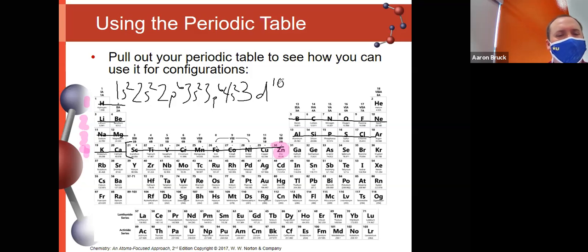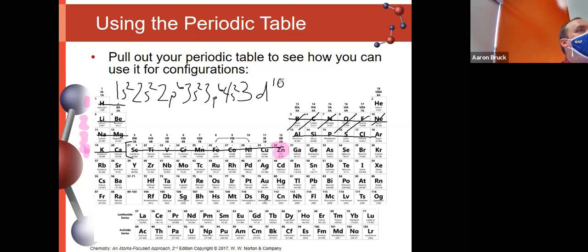There are a lot of ways that you can go about doing this. But to me, it always helps to know where to stop. If I know where to stop, then I know that everything else before that I can just completely fill in. And I can use the periodic table as that guide. So if I forgot somewhere along the line that the p sublevel has 6 electrons in it, I can remind myself of that by counting. 1, 2, 3, 4, 5, 6. 6 electrons in that block, 6 elements in that block, 6 electrons in that sublevel.